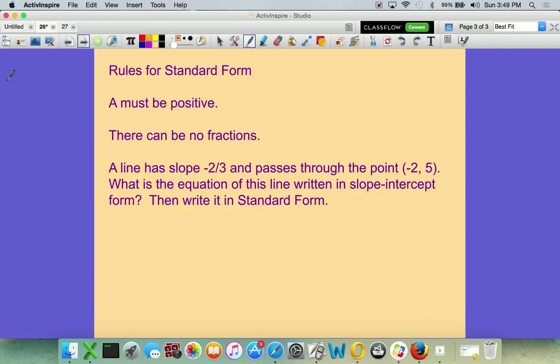Next one. Now we do have two rules for standard form. Remember that equation is ax plus by equals c. When we try and write it into standard form, we have to remember that a, first of all, has to be positive, and that there can be no fractions whatsoever.